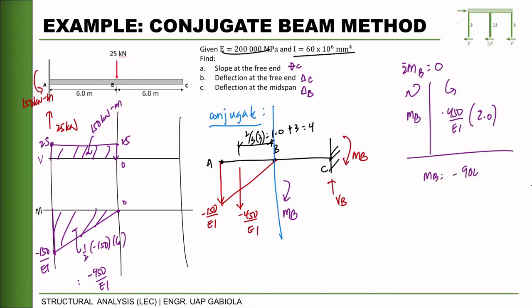Negative 900 over EI. Performing the same calculation as the previous two, negative 900 times 1,000 to the fourth over 200,000 times 60 times 10 to the 6. Moment at P. So 450.